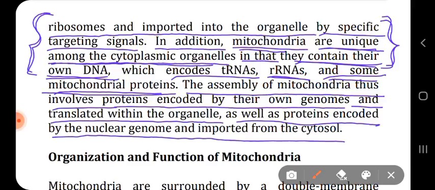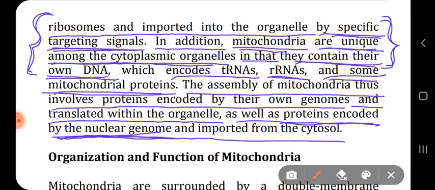But some proteins are encoded by the nuclear genome, and after translation they have to be imported from the cytosol to the mitochondria via specific targeting signals.